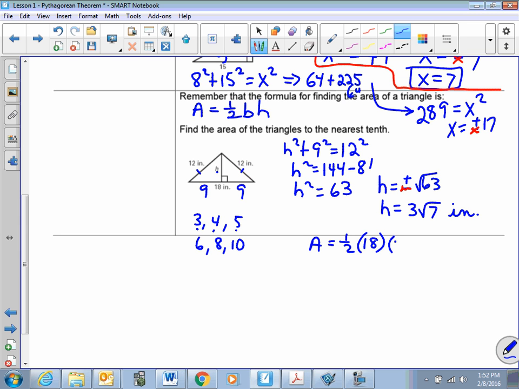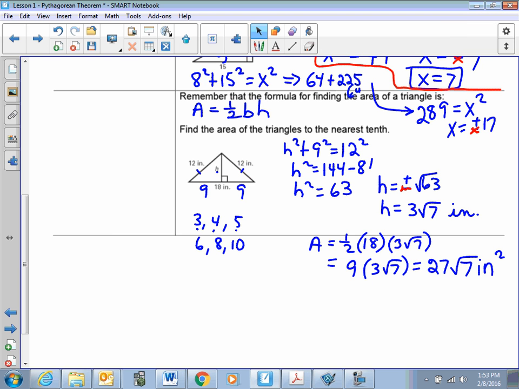The height is 3 times the square root of 7. That's going to be 9 times 3 times the square root of 7. So that's going to be 27 times the square root of 7. And what do the units always have to be for area? Square units. So that'll be inches squared. 27 times the square root of 7 inches squared.